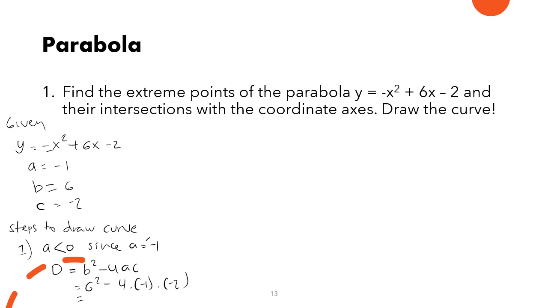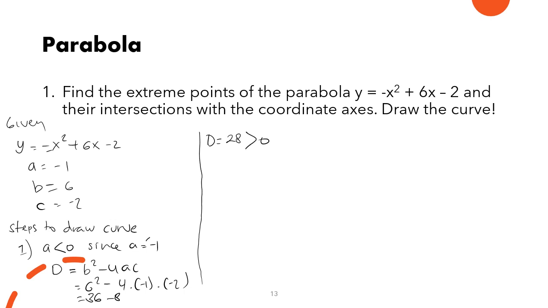Now define that. 36 minus, minus times minus is plus, so plus 8 here, and your D will be 36. Oh, this is positive, my mistake. 36 minus 8 is 28. So this is bigger than 0.